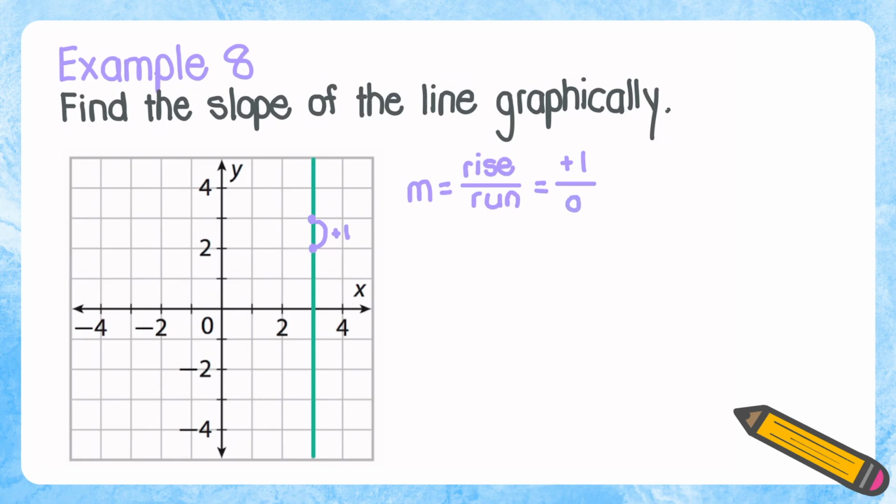So I have 1 over 0, and this is undefined. So this is like the undefined logo because you can't divide anything by 0. So that's why we have an undefined slope. So again, if you see a vertical line, know that the slope is undefined.